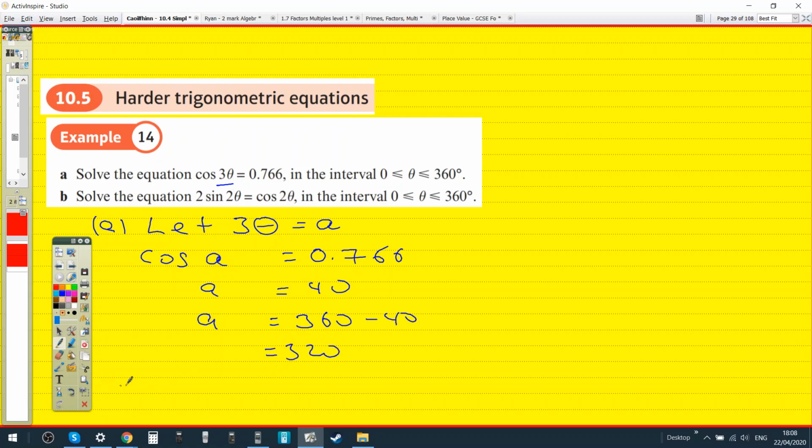So a is 40 and 320. We just did that to make our lives easier. Now we swap it back. We unlet 3 theta be equal to a. We let a be equal to 3 theta again. What do we get?